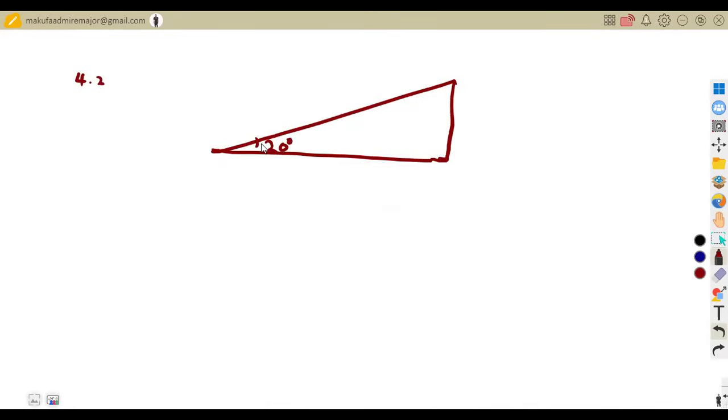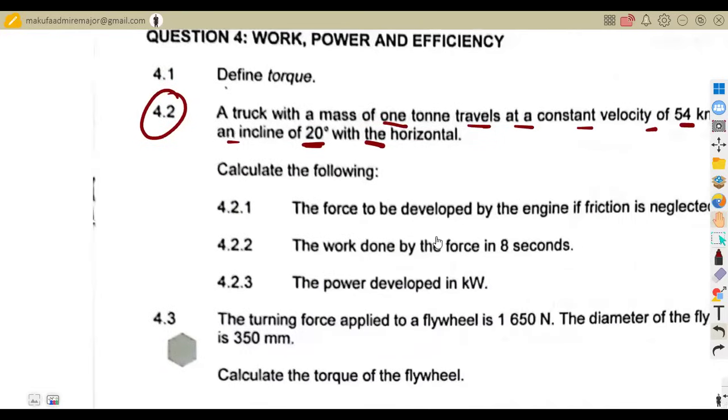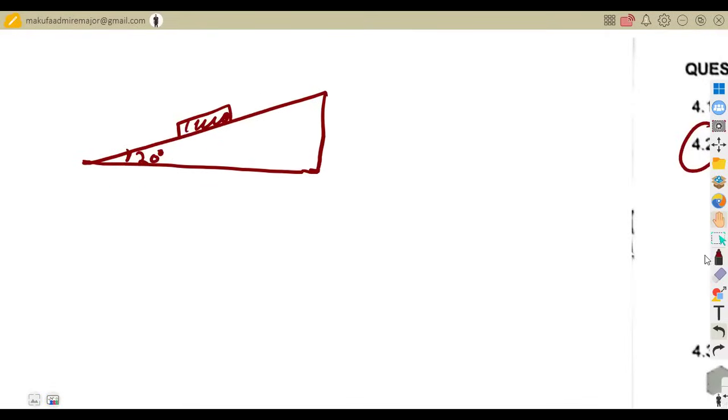So let us take note about the object. Where is it going? This object, which has got a mass of 1 ton, is moving up the incline. That is where we're going to have the total force.